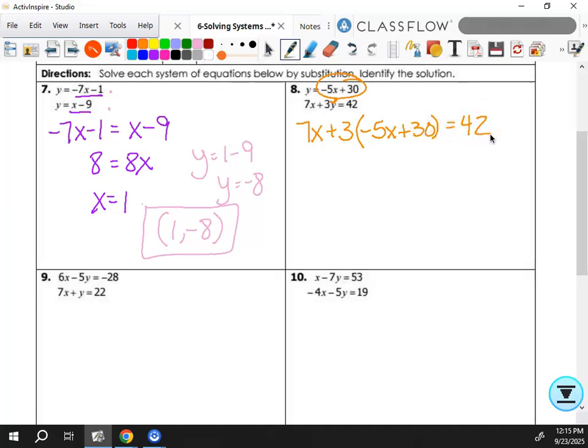I promise you the careless mistakes happen when you try to distribute as you go. I'm not saying you would definitely do it wrong or that you're not capable of it, but that's where the careless mistakes happen. So then I would do 7x minus 15x plus 90 equals 42.